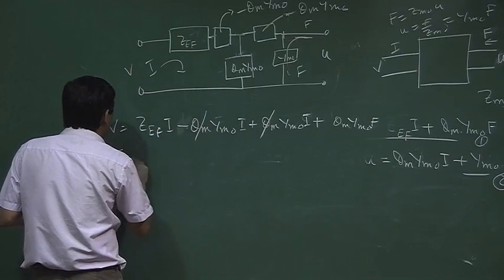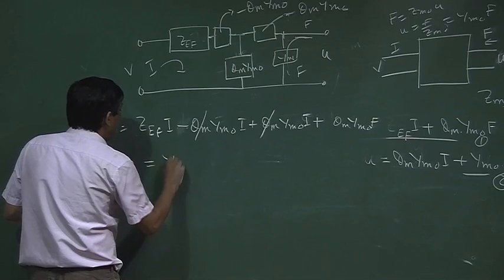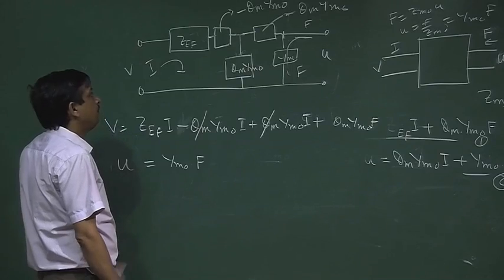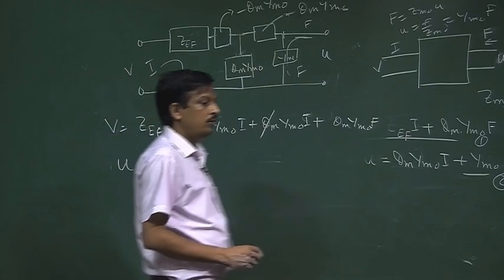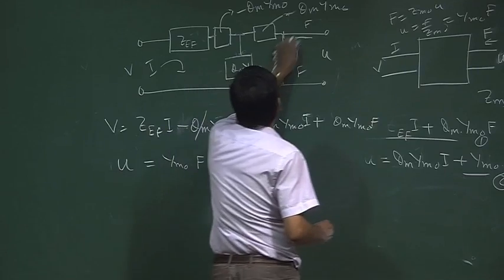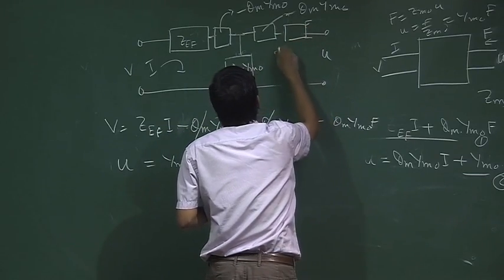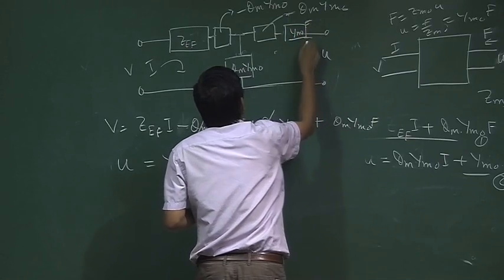Then U is equal to YMO into F. Sorry, this will not be connected here, this will be connected here. This is YMO. So, F is flowing.